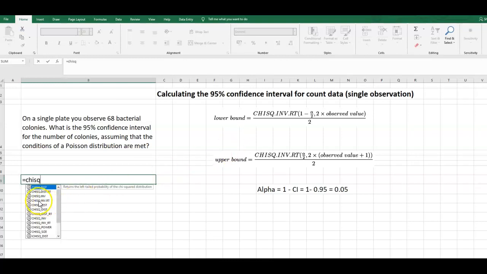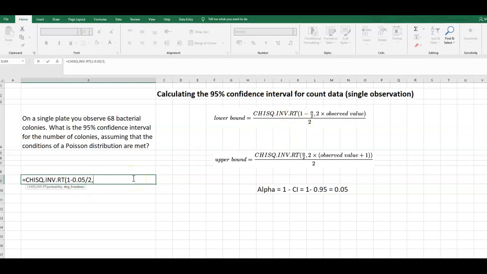We want this one, CHISQ.INV.RT. Now we need to calculate the first argument, the 1 minus alpha half. That's 1 minus 0.05 divided by 2. So that's this first part.